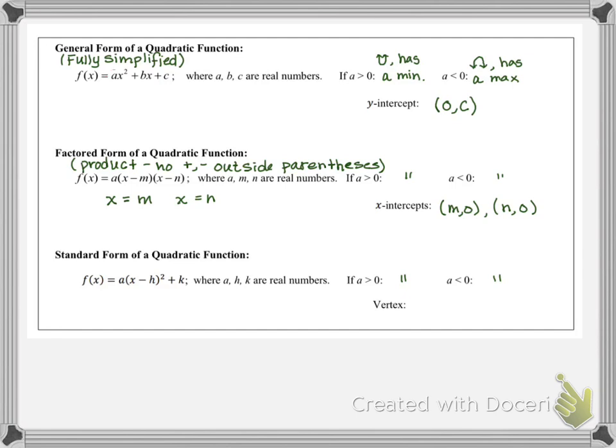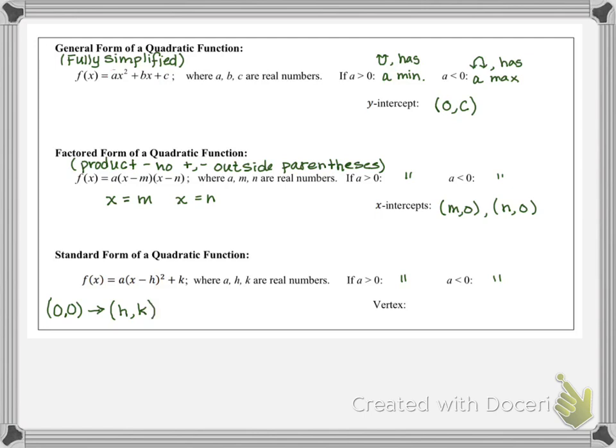So if we started with the graph of x squared, that would have a vertex at (0, 0). If we shift that to the left, or sorry, to the right by h units, then the x-coordinate of 0 becomes the x-coordinate of h. And then if we shift it up by k units, then the y-coordinate becomes k.